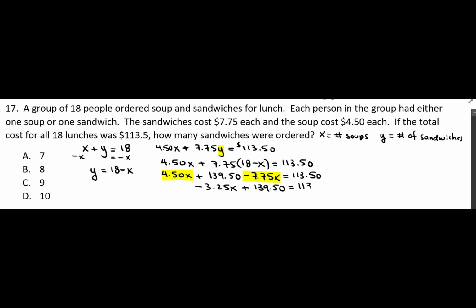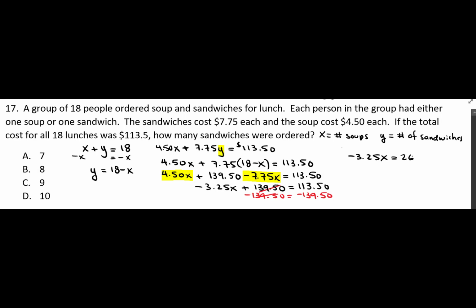is equal to 113.50. Now we're going to subtract 139.50. So we're going to subtract and keep the sign of the larger number. And that should give us negative 3.25x equals negative 26.